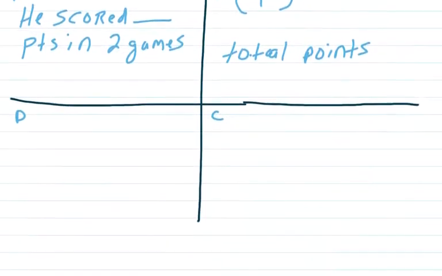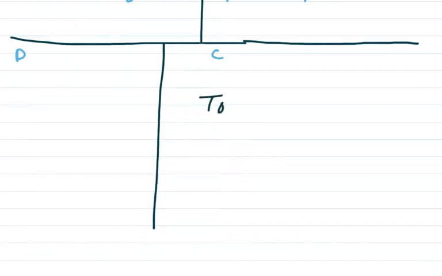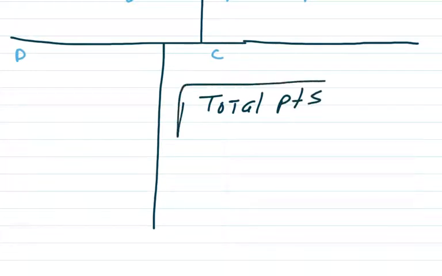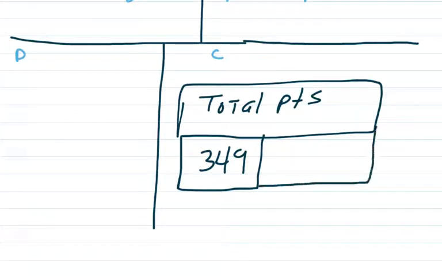Now, I'm going to set up my little strip diagram for this one. I'm going to try to squeeze this in over here on this other side. Let me erase this so I can get a little bit more room. What I'm looking for is total points, so that's going to be my whole in my strip diagram. Now I know in the first game, he scored 349 points. And in the second game, he scored the same amount, 349, plus another 156.